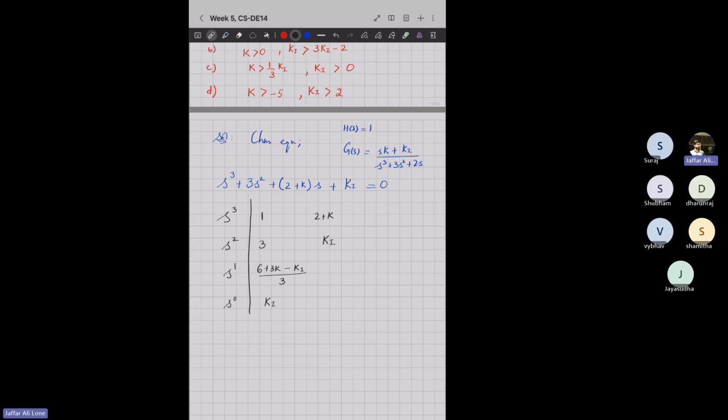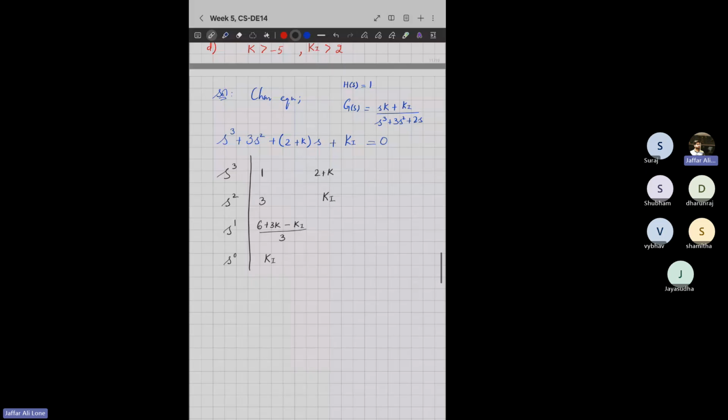Now, every one of you should tell me the answer. So for the system to be stable, all the elements should be positive because the first and second elements are positive. It means my Ki should be greater than 0, and my (6 plus 3K minus Ki) divided by 3 should be greater than 0. It implies my 6 plus 3K should be greater than Ki.